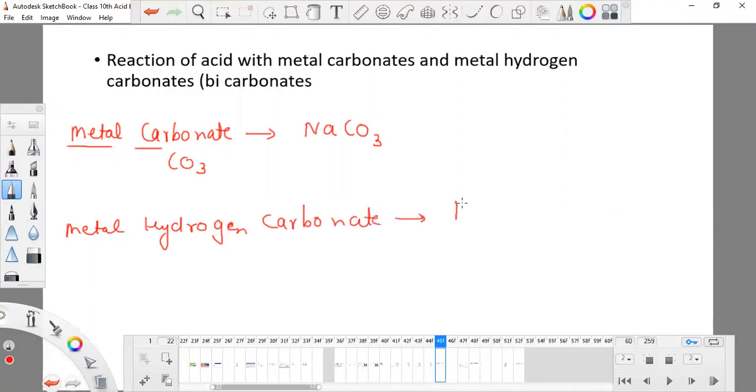It will be metal, sodium, you can take any type of metal, then hydrogen and CO3 carbonate. So it is known as metal hydrogen carbonate. Particularly this HCO3 is known as bicarbonate.